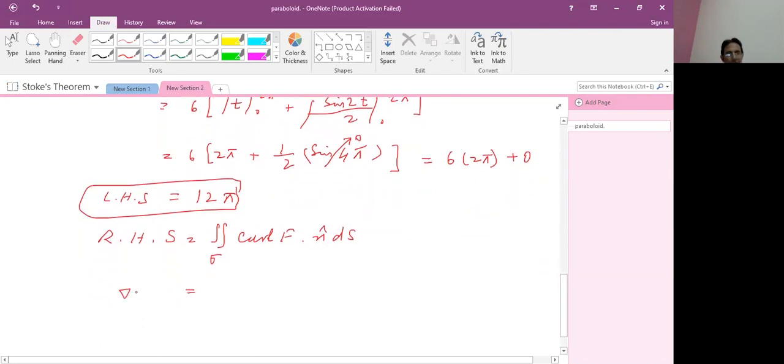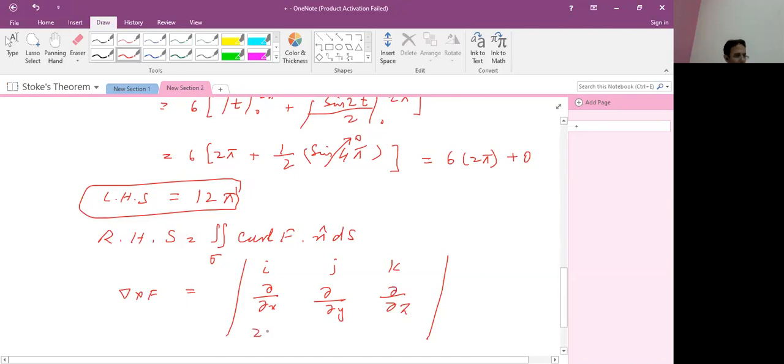First we find del cross f, with i, j, k, and dou over dou x, dou over dou y, dou over dou z. For the vector f, the coefficient of i is 2x, 2z, the coefficient of j is 3x, and the coefficient of k is 5y.